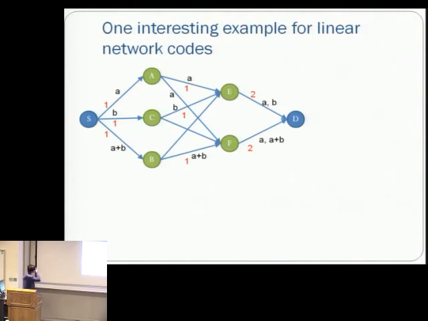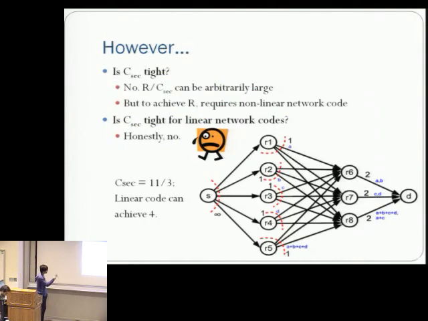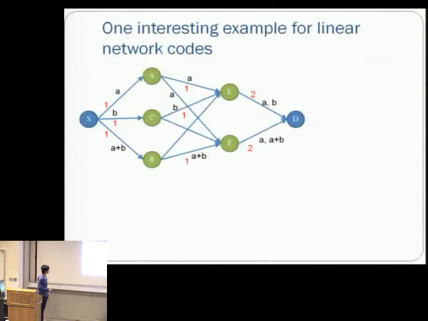Okay, so far I basically finished most of the talk, and this slide is just a very interesting example for linear network codes. All the links are unicast links, and these links have capacity 1, and these 2 have capacity of 2.